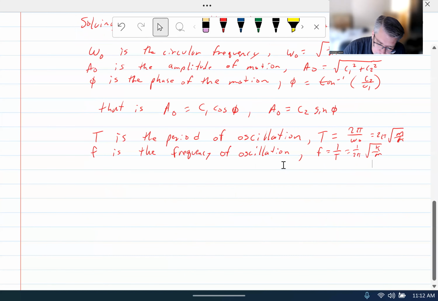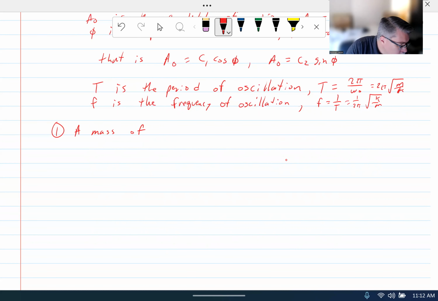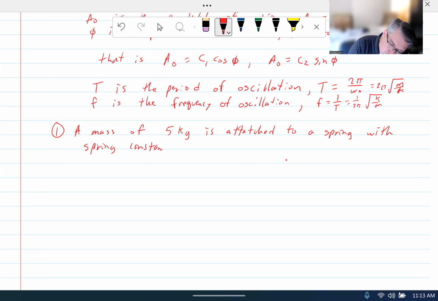Let's do an example. A mass of 5 kilograms is attached to a spring with spring constant 5.